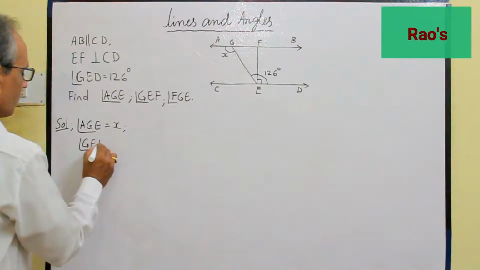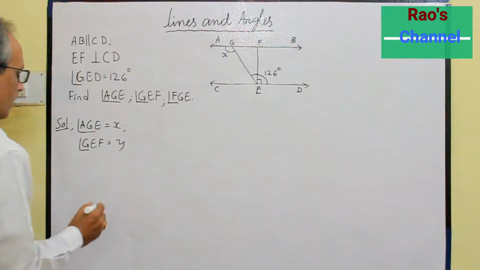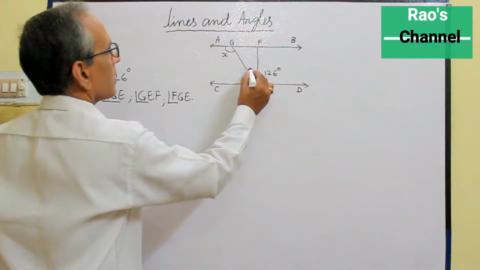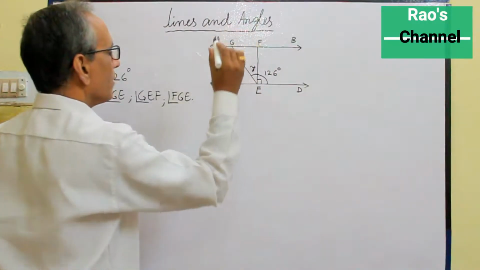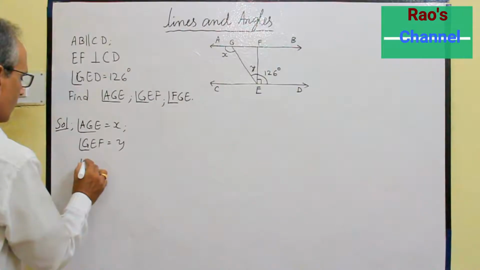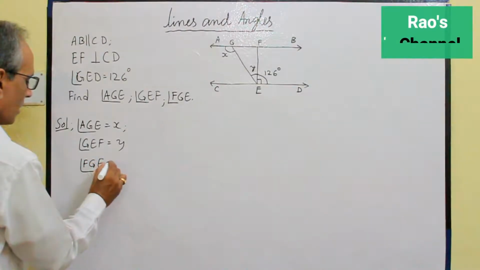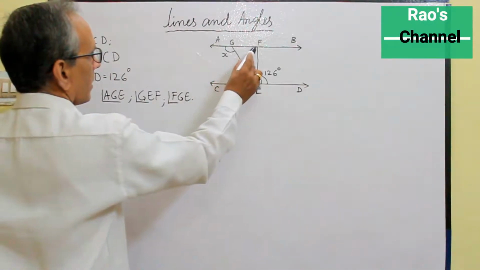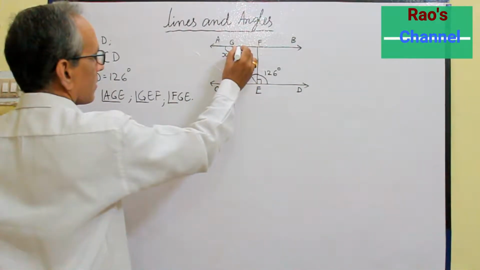Angle GEF is equal to Y. Where is angle GEF in the question? This part, Y. And angle FGE, I mark it as Z, this part.